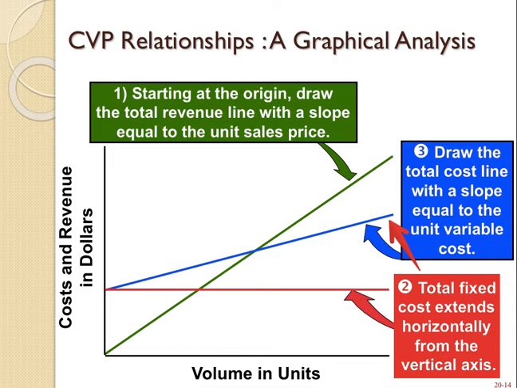Now you can kind of see the relationship between sales, fixed costs, and variable costs. And this line here actually represents total cost, because your total cost is your fixed costs plus your variable costs, because the company has both fixed and variable costs. So your total cost is this blue line right here.